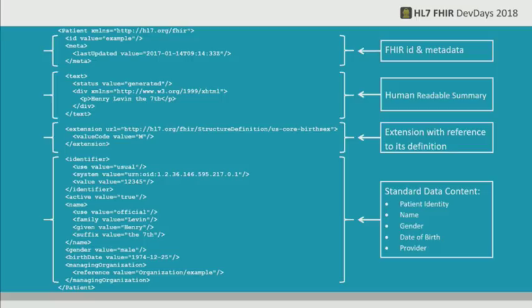Identifier is another data type within FHIR, and I can use identifier as a data type across many different resource types, just like the ID can be across many different types. So depending on what you're doing, you may want to have multiple different identifiers, but there's only ever going to be one ID for a resource.